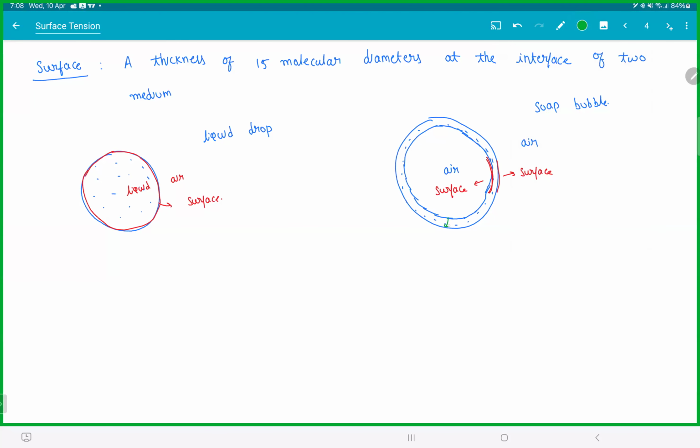And this thickness here has almost 2 to 3 lakh molecular diameters. So thickness of a soap film. Whenever we talk about soap film or a soap surface, you always have to take two surfaces.